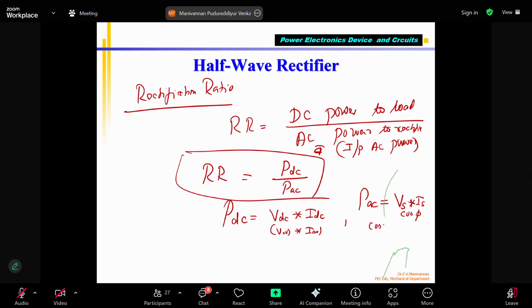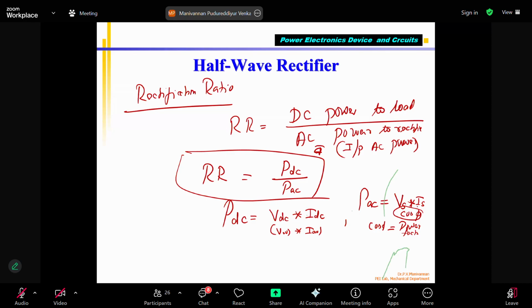What is cos phi? Cos phi is called the power factor. For AC, we have to talk about power factor. For our understanding purpose, we can take it as 1. But generally, the power factor of the supply that you are getting will be around 0.7, 0.8. 1 is better.